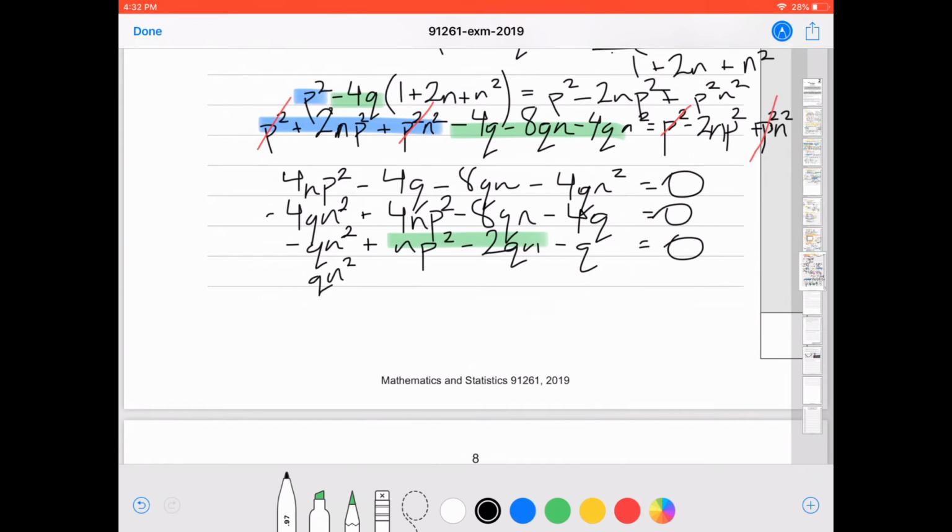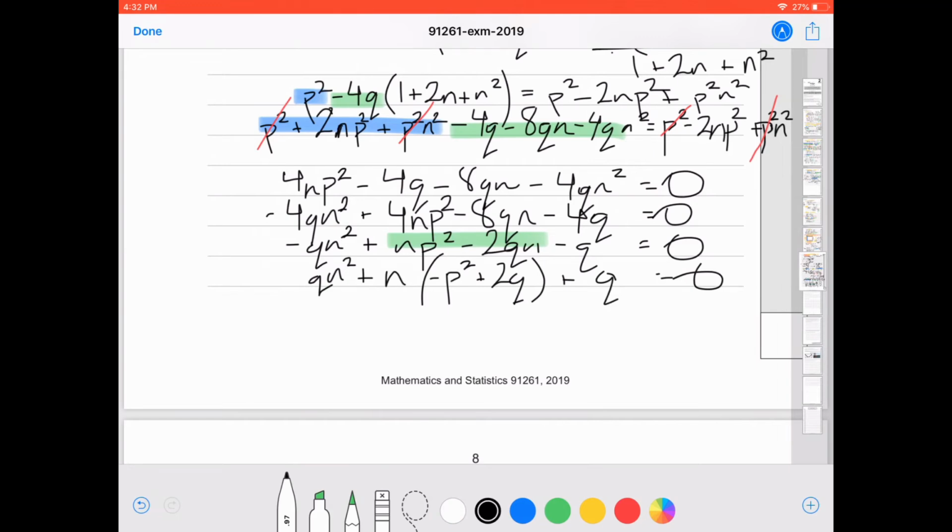So qn squared minus np squared, and actually at the same time let's take n as a common factor, so minus n, and we could say positive n here, and then it'll be minus p squared plus 2q. Hopefully that makes sense. And then positive q equals 0, and I think that is it, isn't it?